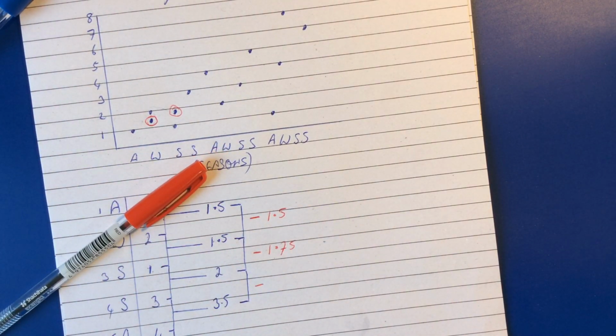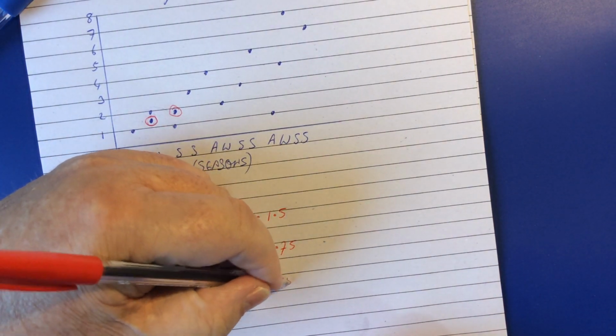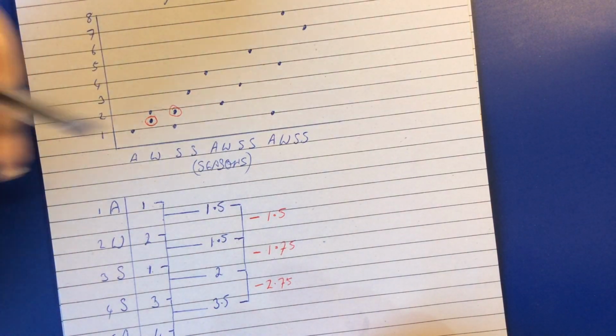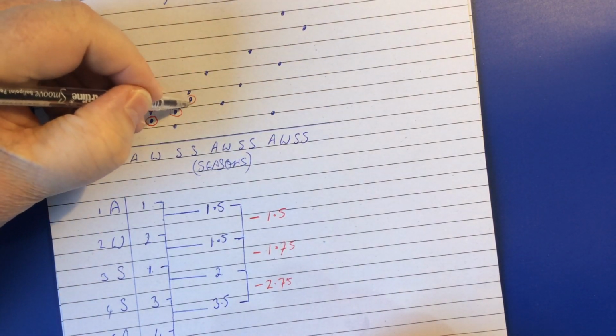What have we got there? We've got 5.5, which gives us 2.75. Find 2.75 here. It is roughly there, and we'll circle that.